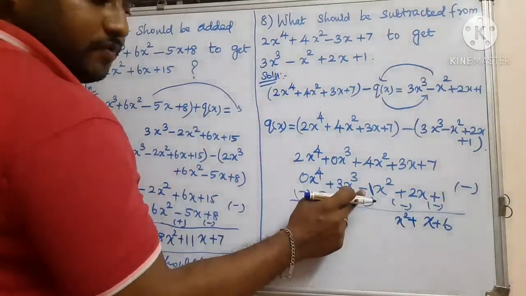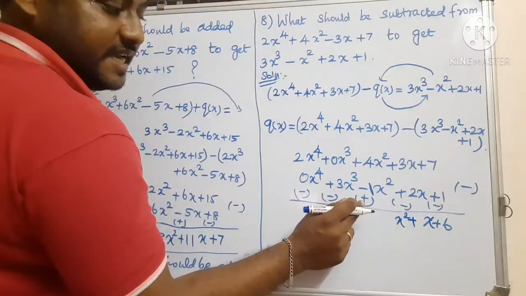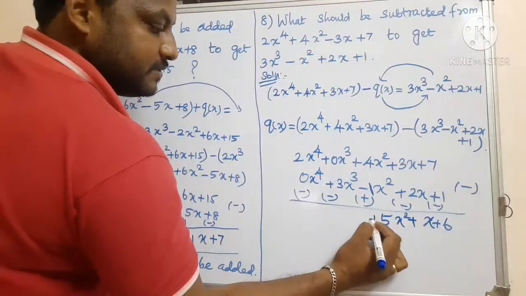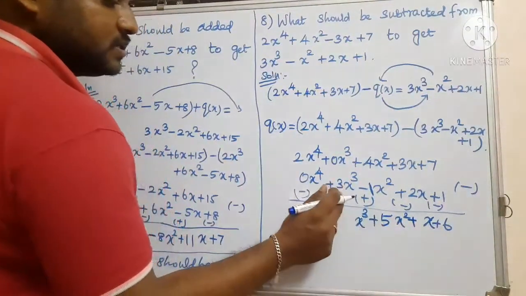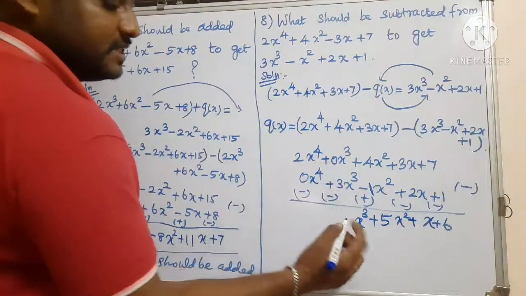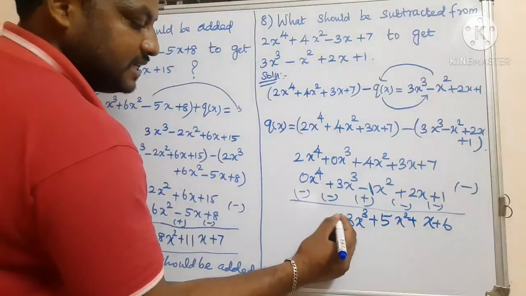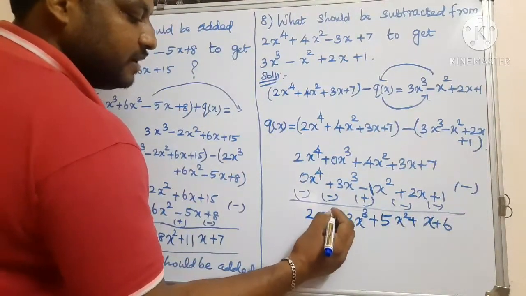So 4 minus 1 is, 4 plus 1, because the symbol should change. 4 plus 1 is 5. Highest number symbol is plus. X cube is a common variable. So 3 plus 0 is 3. Highest number symbol is changed as minus, so minus 3. So 2 minus 0 is 2. X power 4 is a common variable.